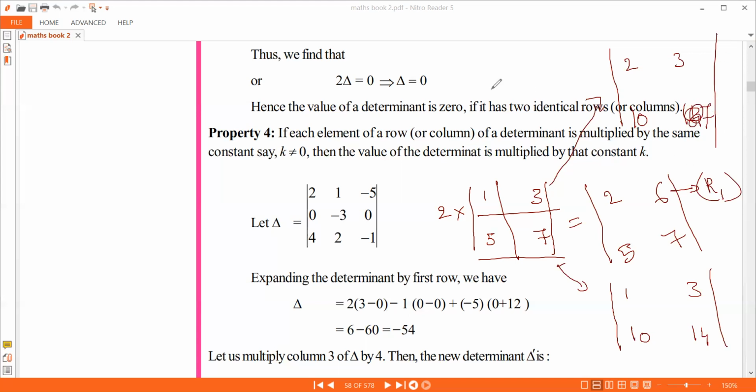Or another possibility: I can do 1, 5, and double this, 6 and 14. Got it? You will end up with 4 possibilities for a 2 by 2. For 3 by 3, you will get even more.